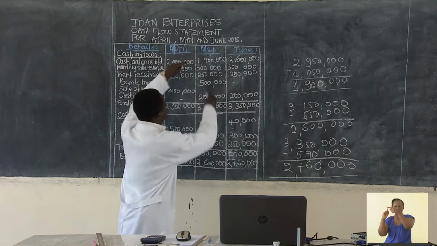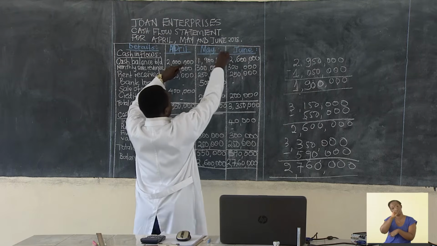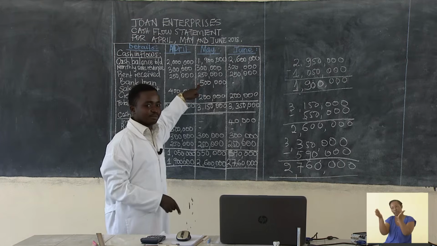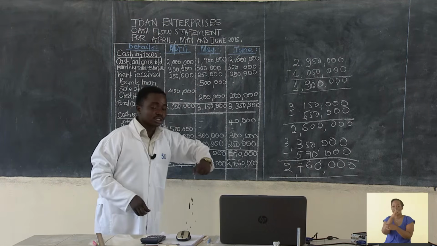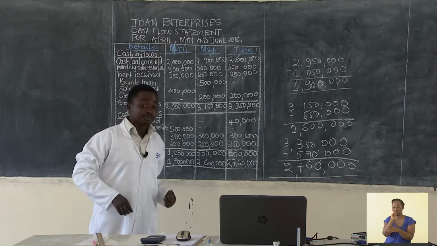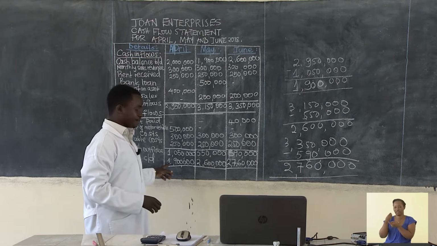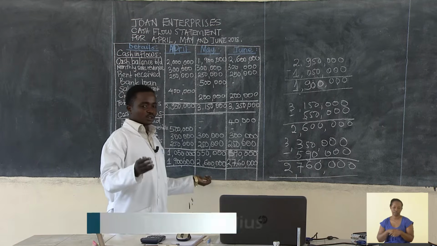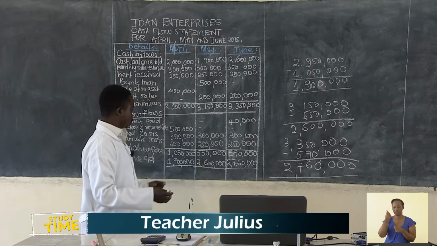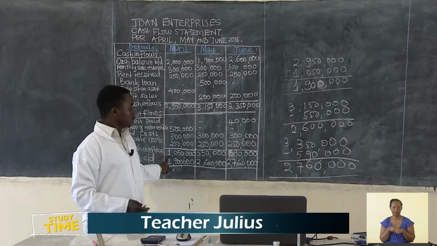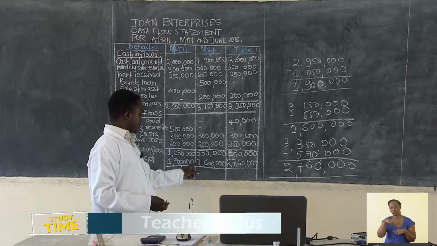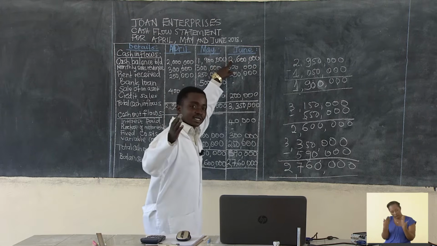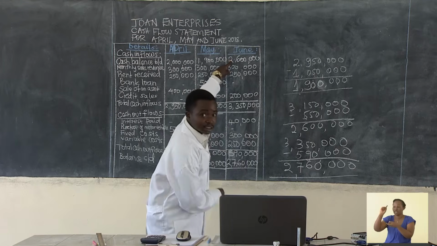And remember that deficit, we put it in brackets, and it reduces the cash inflows of that very period. So a deficit will reduce the cash inflows of the next period. You don't leave it there, a deficit, where cash outflows are greater than cash inflows. I know some of you may be asking yourself, if in case I get a deficit, how do I treat it? If you take it to the next period, it reduces the cash inflows of that period.